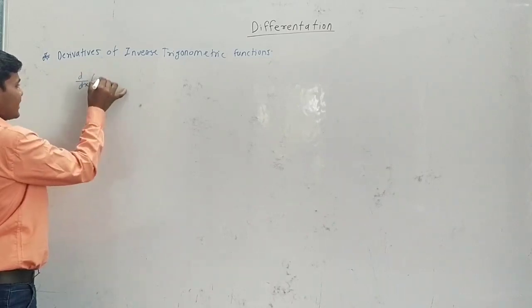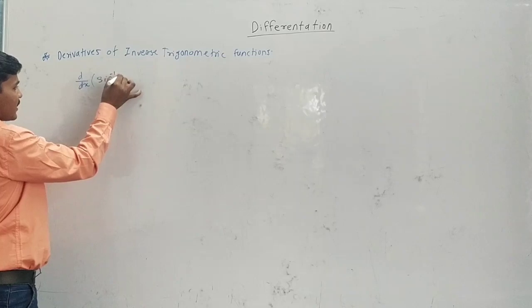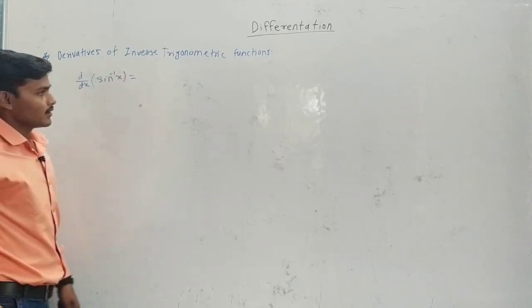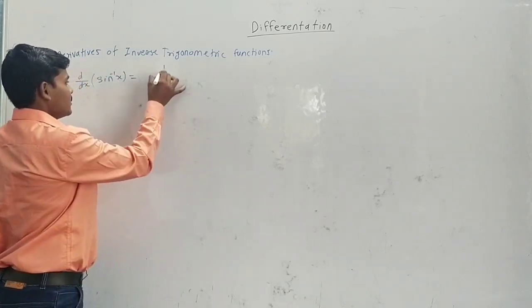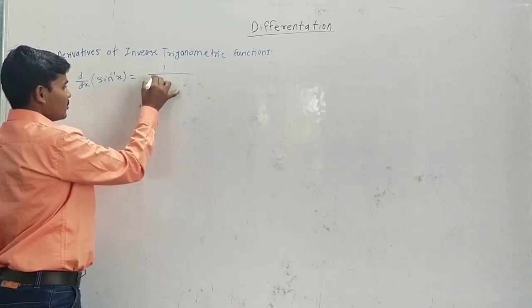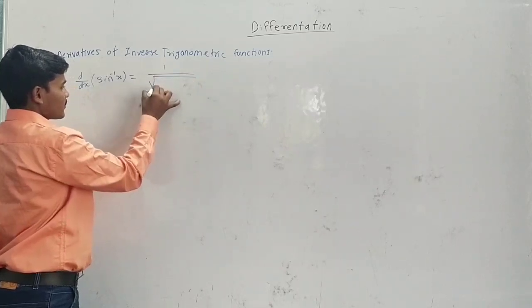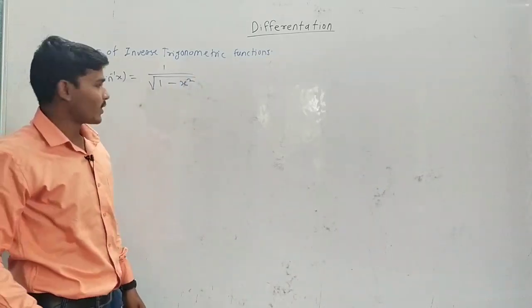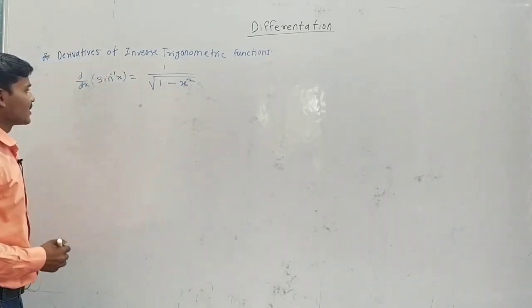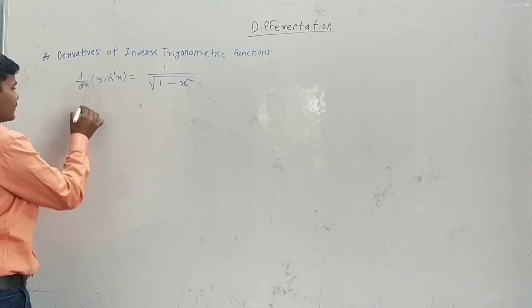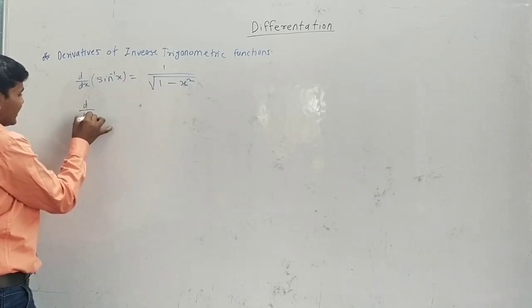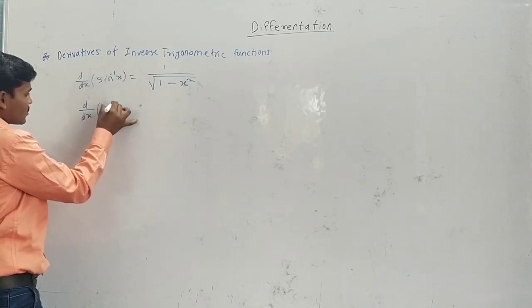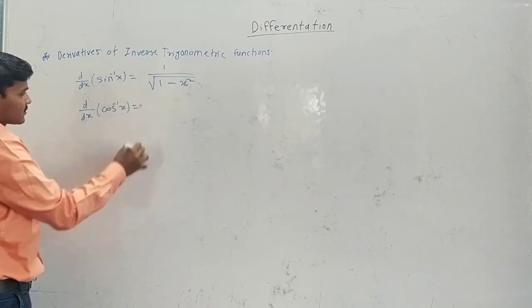Now the derivative of sine inverse x is 1 by root 1 minus x square. Then dy/dx of cos inverse x.